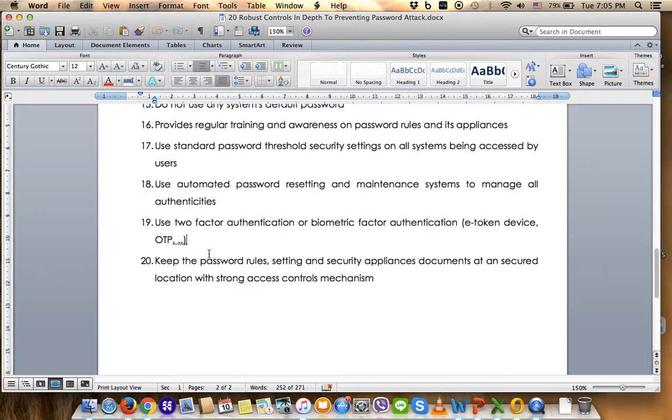The next control is that the password should use two-factor authentication. For example, when you access a critical system, the system needs to require two-factor authentication, such as an e-token device, smart card or one-time password, to ensure that one custodian alone cannot access the system.